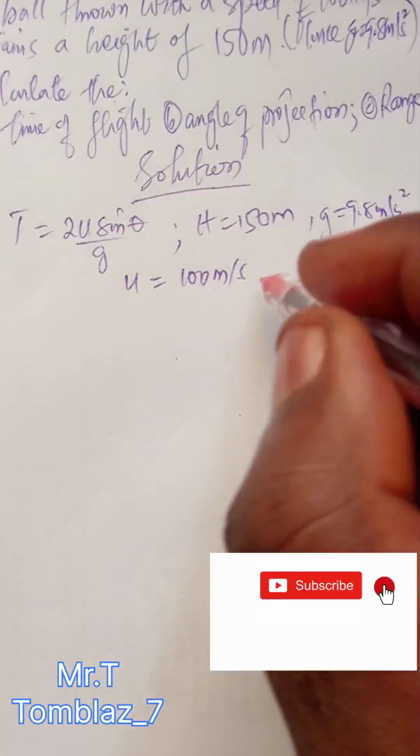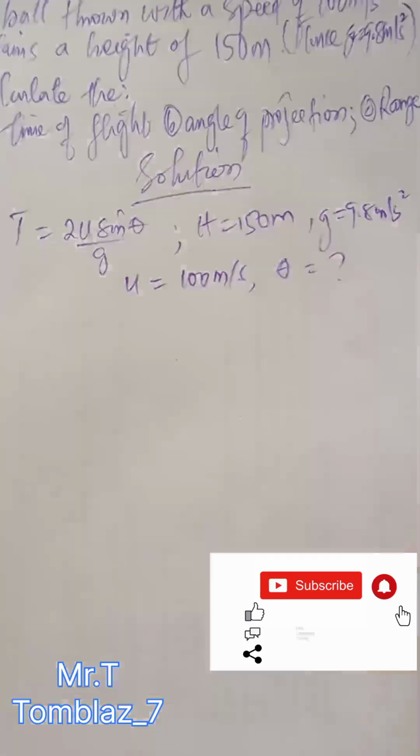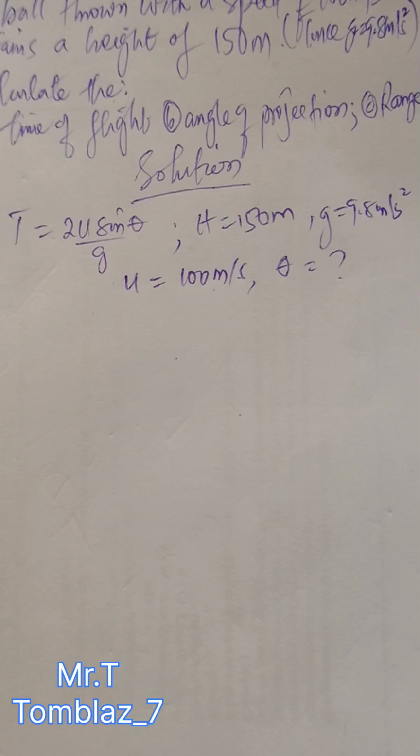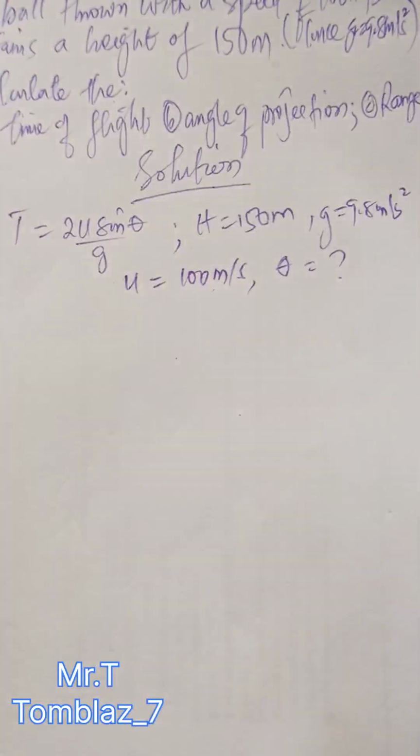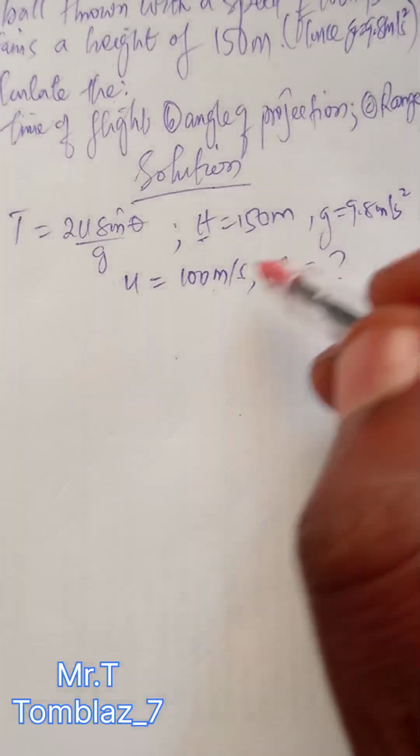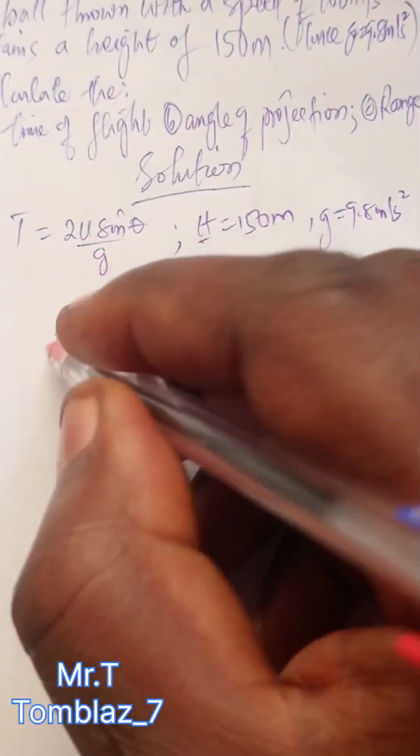But theta is missing, so we can't use the formula yet. The best way to start is by finding the angle of projection. Since height, g, and u are given, we are looking for maximum height.